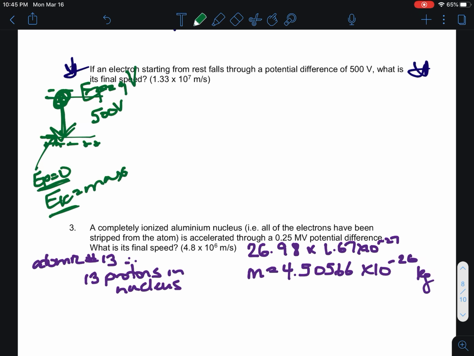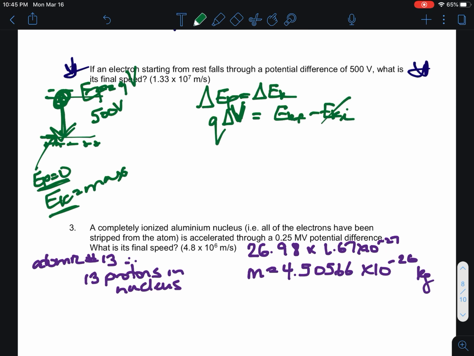The way we write that as a formula is the change in potential energy is equal to the change in kinetic energy. Your change in potential energy as a formula is Q delta V, or QV. That's a big V. And your change in kinetic energy as a formula is EK final minus EK initial.